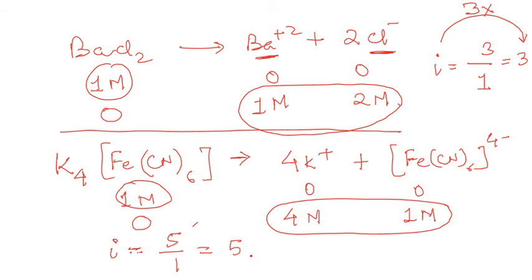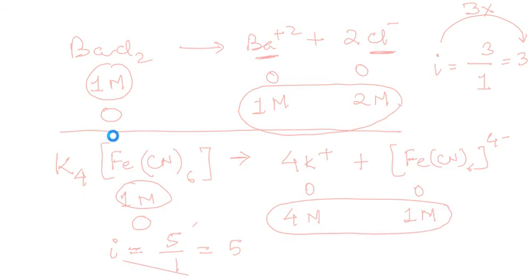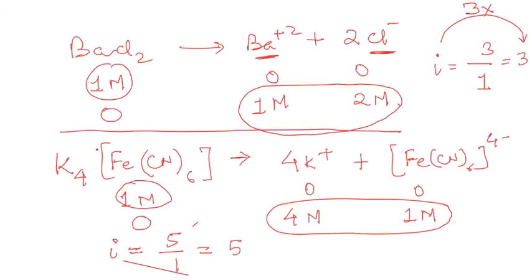That means the van 't Hoff factor is 5, which would mean our concentration has increased by 5 times. Okay, so I hope it is clear.